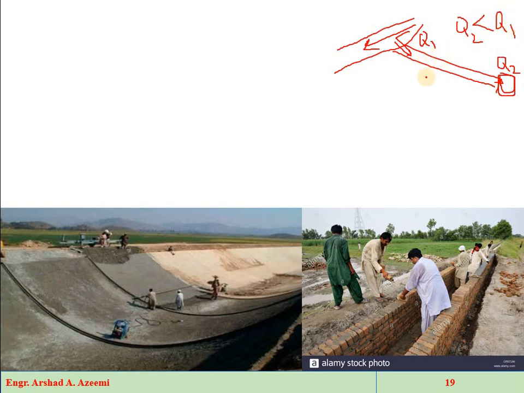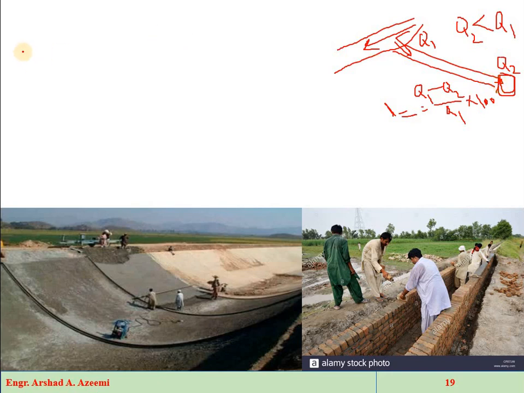That difference, Q1 minus Q2, divided by Q1, will be considered the amount of loss in the irrigation canals. If you multiply it by 100, you will get the percentage of the discharge which is lost from the head of the canal up to the head of the field.